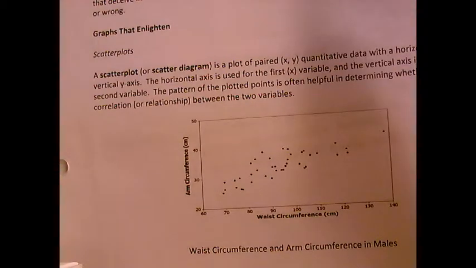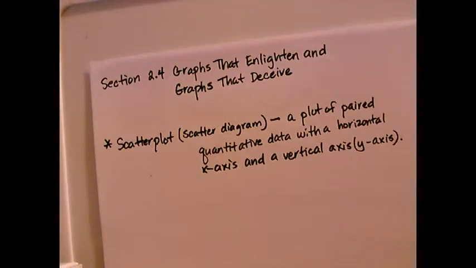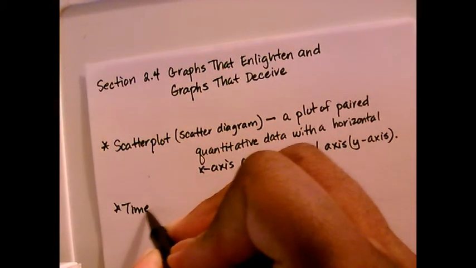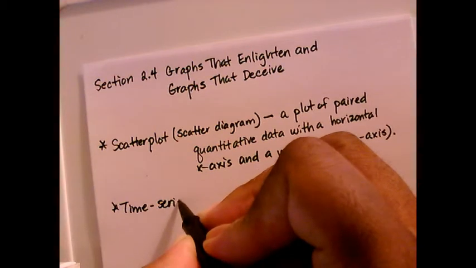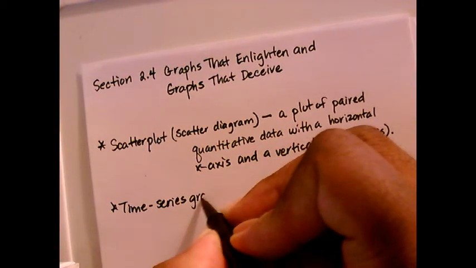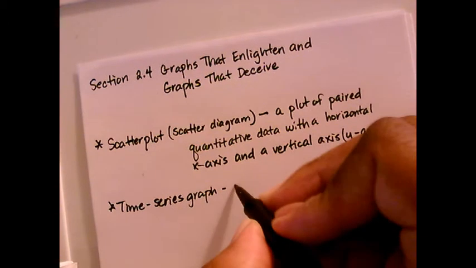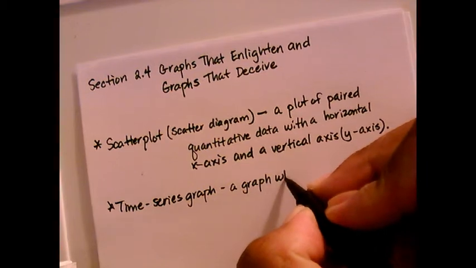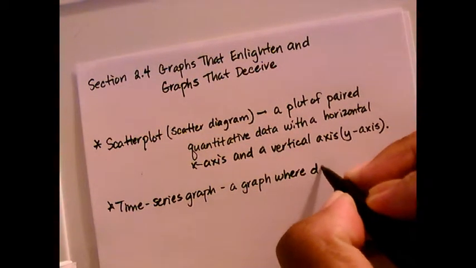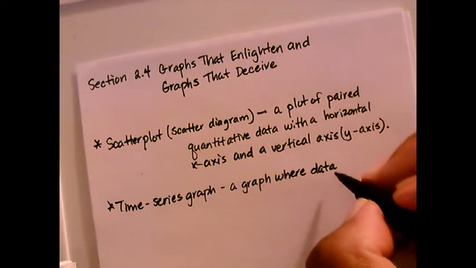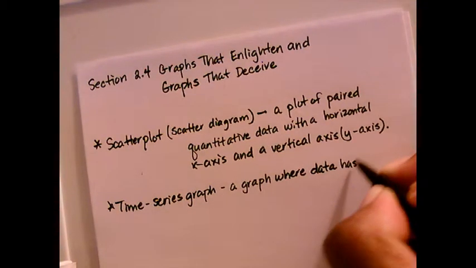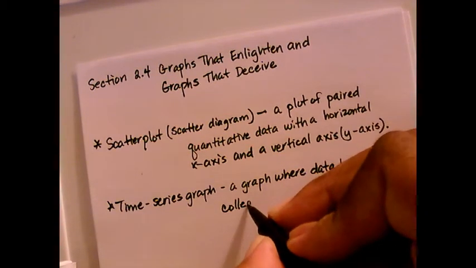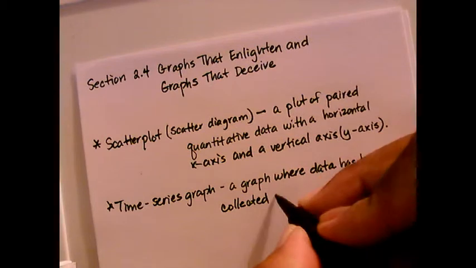The next thing is a time series graph. Okay. A time series graph is just a graph where data, and usually it's going to be quantitative data, has been collected over a series of time, over a period of time.